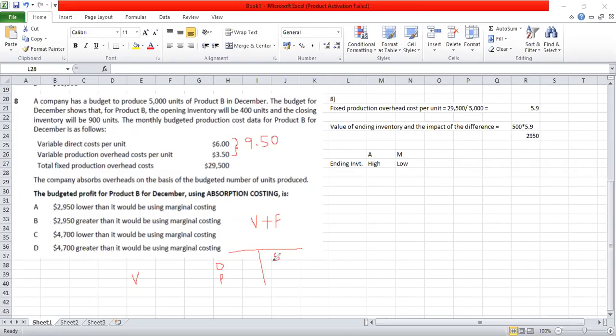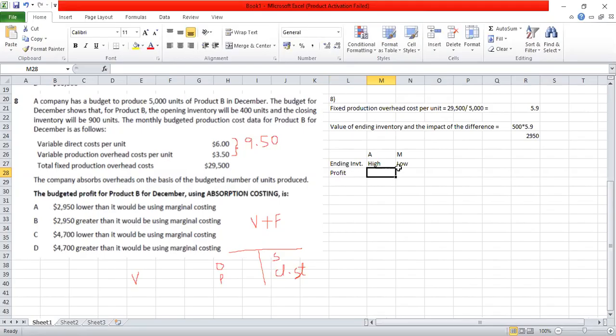Then closing stock is an adjustment of deduction of the cost which is transferred to the next period. So if the ending inventory is at a higher value, what will be the impact on the profit? We are asked to find out the impact of the ending inventory on the profit.